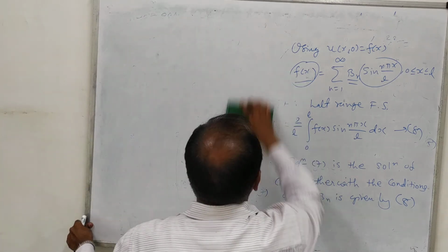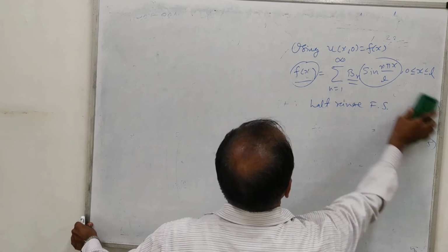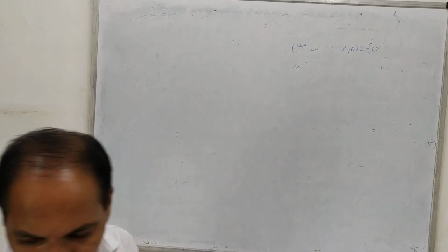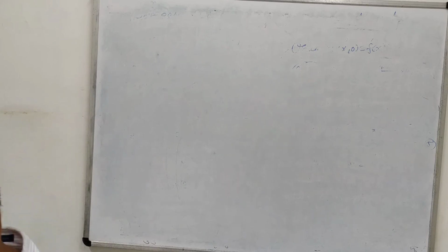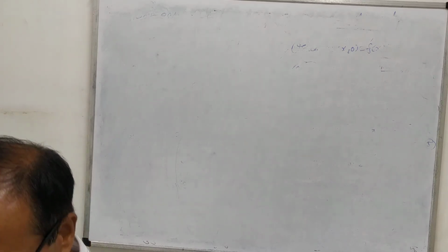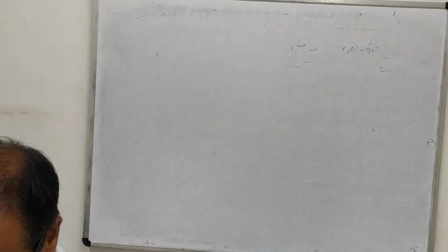Now let us see examples, different examples of this kind. You must have observed that heat theory is similar to the wave theory, and also that it is slightly easier than the wave theory. So let us see one example.